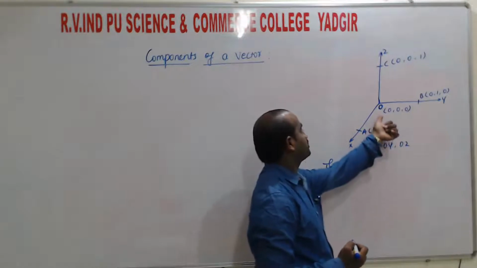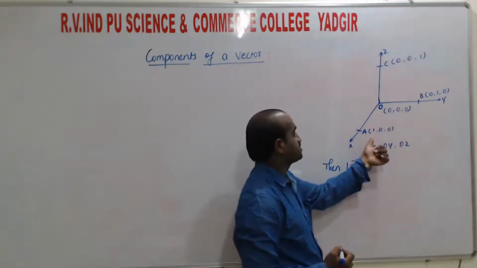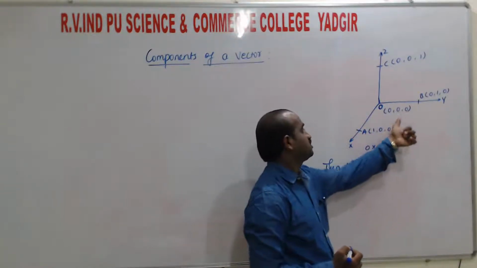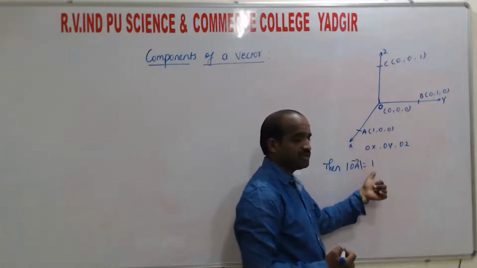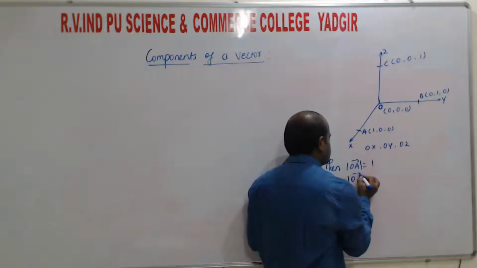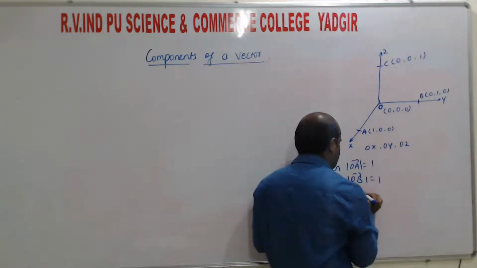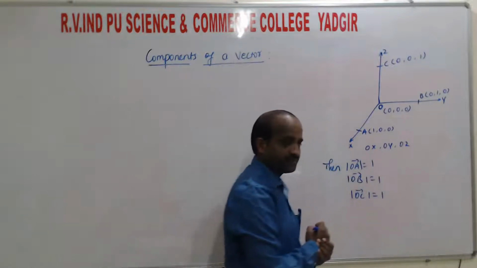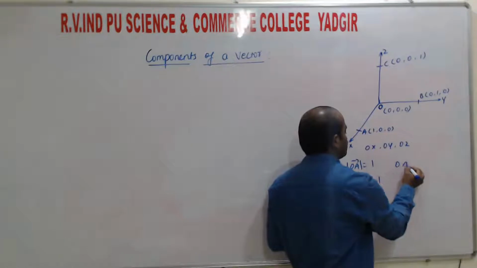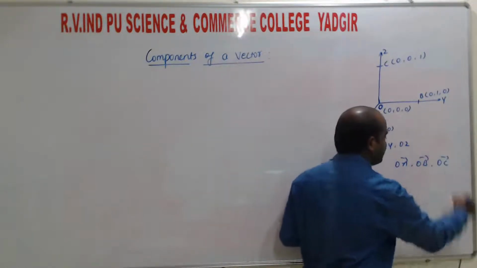Now the magnitude of OA, using the distance formula, is the root of 0 minus 1 square plus 0 minus 0 square plus 0 minus 0 square, which is root 1, which is 1. Magnitude of OB is 1 and magnitude of OC is 1. The vectors OA, OB, OC each have magnitude 1.